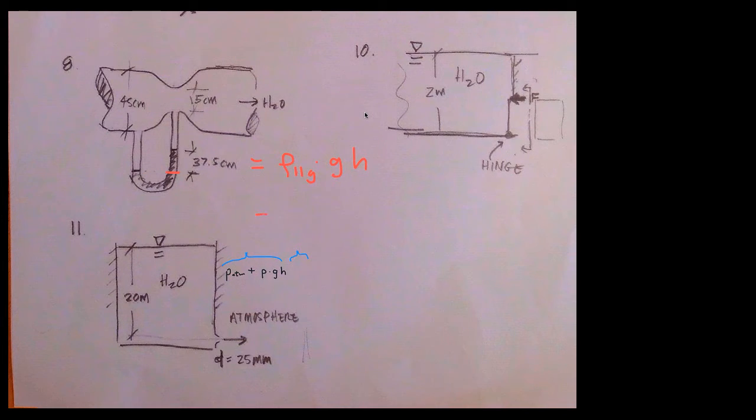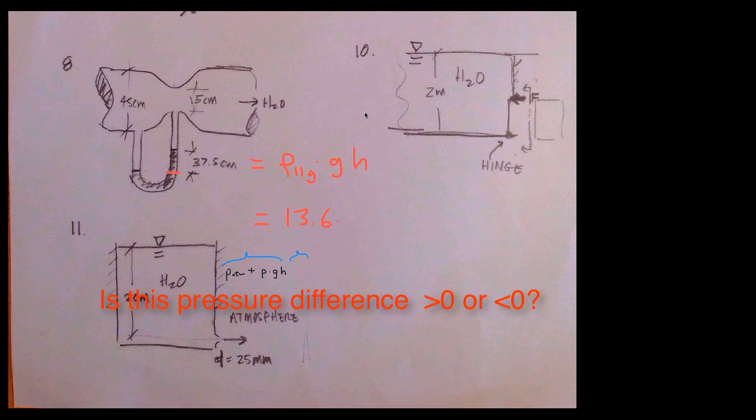So let's go ahead and compute that pressure. We know it's 13.6 times the density of water, 1,000 kilograms per meter cubed, times gravity, which is 9.8 meters per second squared, times 37.5 centimeters, which is 0.375 meters.